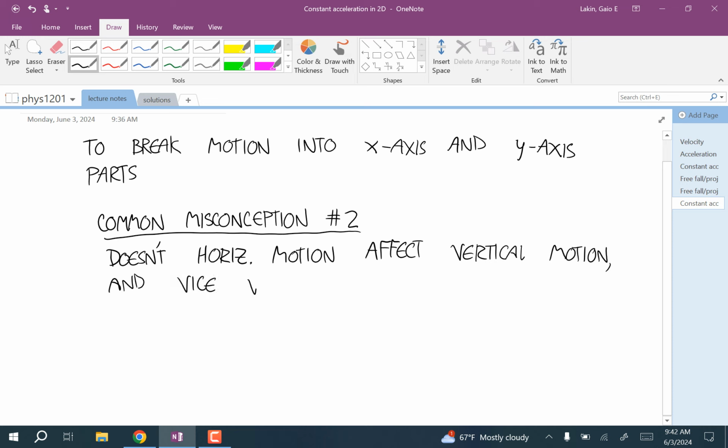You can see how this is sort of an important question, because if we're planning to just break things up into what's happening horizontally and what's happening vertically, if those two motions affect each other, then you wouldn't be able to do this. You'd have to know what was going on horizontally and vertically all the time.